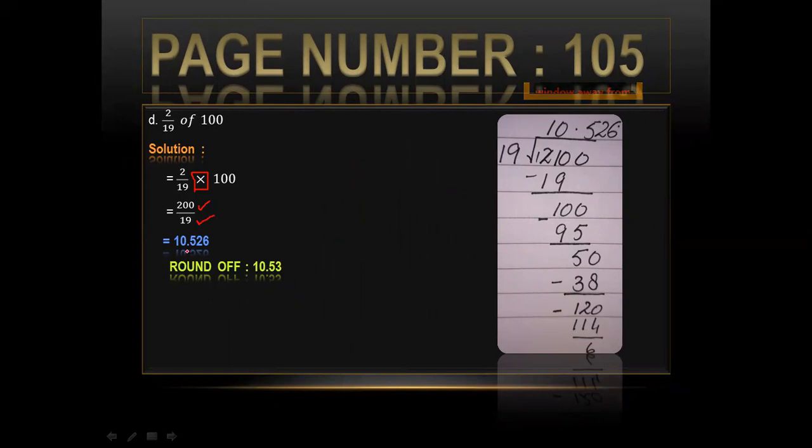When we divide 200 by 19, we get 10.526. I have done the division for you in the rough work, and you know how to divide decimal numbers because we have done the whole page regarding the division of decimals.